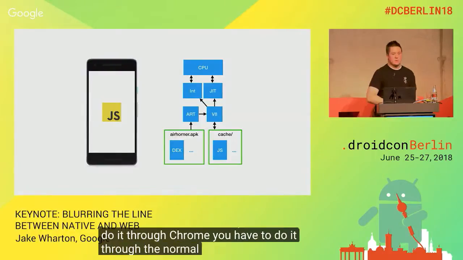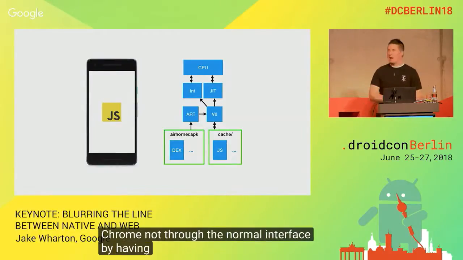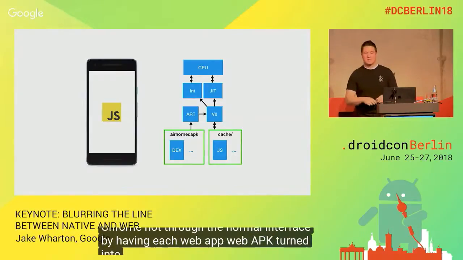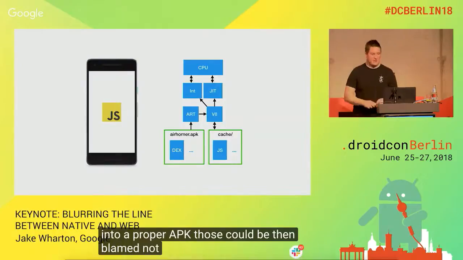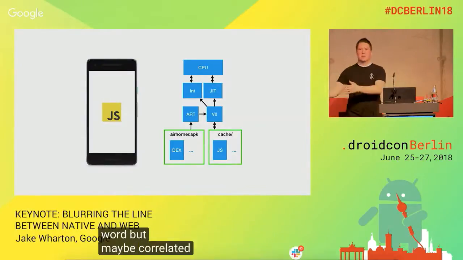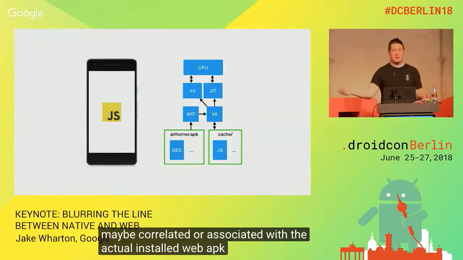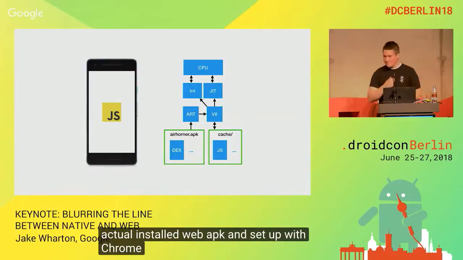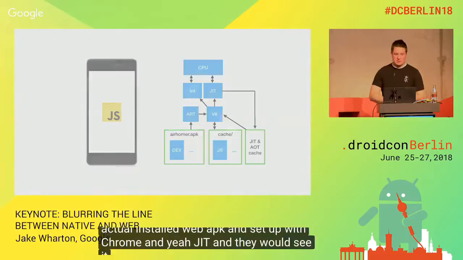You can't do it through the normal interface. You want to revoke a permission, you do it through Chrome, not through the normal interface. By having each web APK turn into a proper APK, those could be blamed, not in a negative sense of the word, but maybe correlated or associated with the actual installed web APK instead of with Chrome. And yeah, JIT and AOT I talked about that.